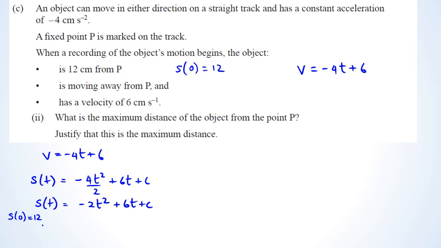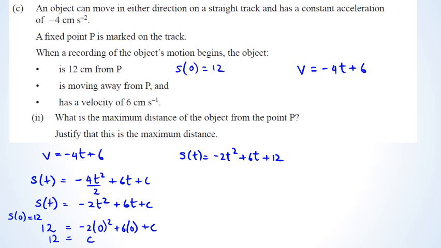So I can substitute: 12 equals negative 2 times 0 squared plus 6 times 0 plus c. Because everything is 0 on that side, I can say 12 equals c. So now I have the function of distance, which is negative 2t squared plus 6t plus 12.